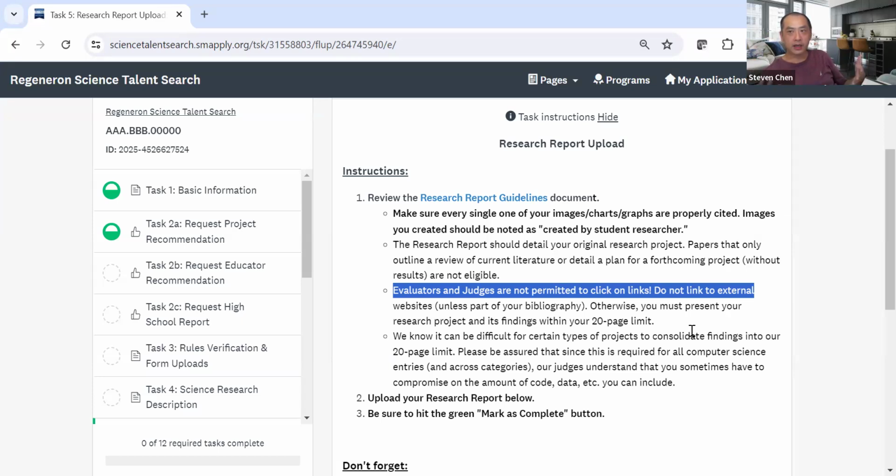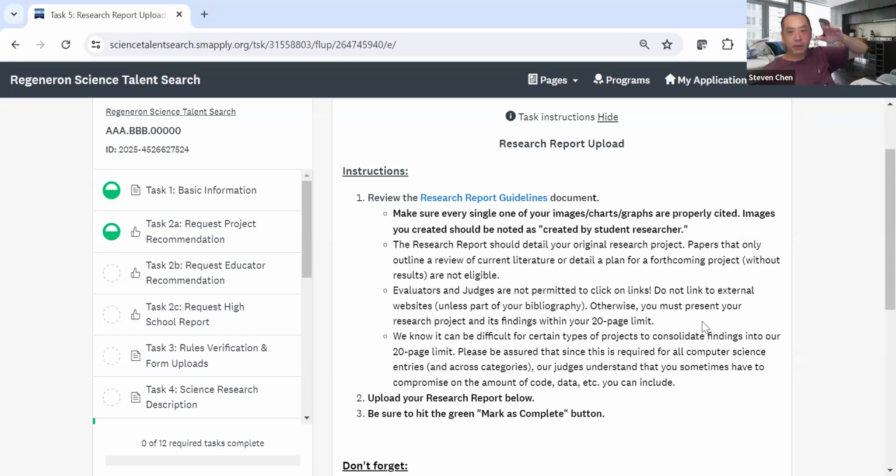It's not good to put a complete snippet of code in your paper because there are too many lines, so they relegate the code to maybe GitHub or somewhere and provide a link. But evaluator judges are not permitted to click on the link, which means that for the most important information, you need to put it in the main body of the research report. You cannot hide some information and ask the judges to open it by clicking on the link. That is not good. So put all essential and key information in the main body of the research report.